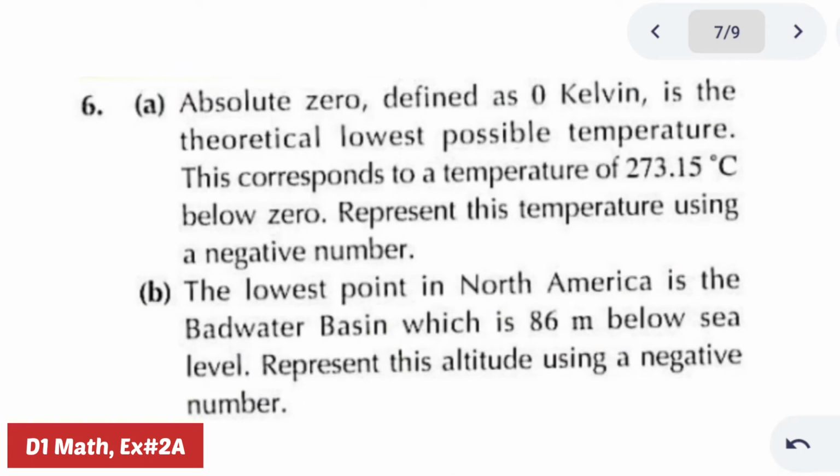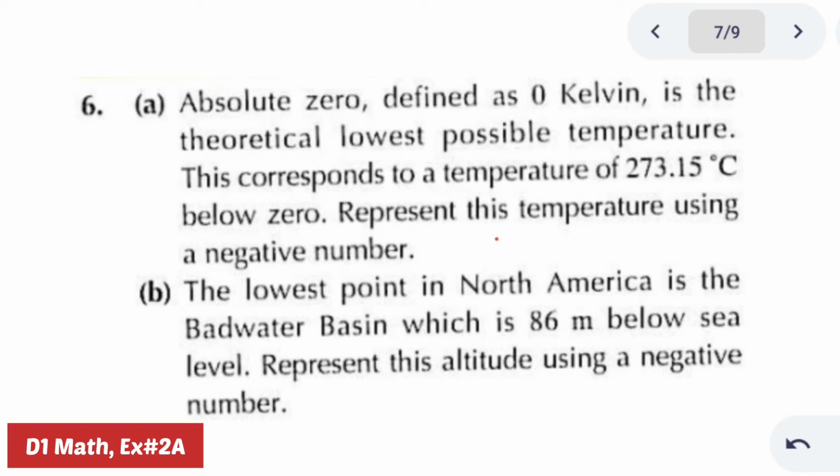The sixth part of this question says that absolute zero, defined as 0 Kelvin, is the theoretical lowest possible temperature. This corresponds to the temperature 273.15 degrees below zero.